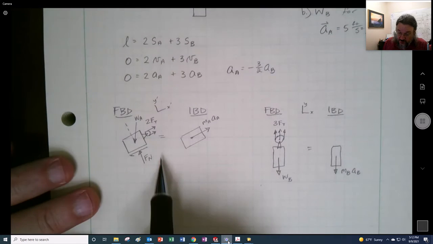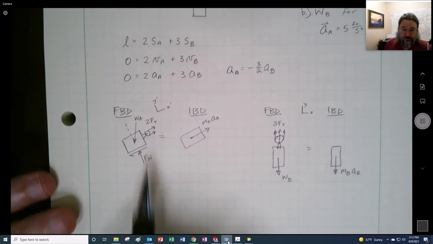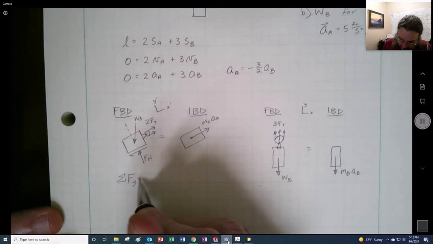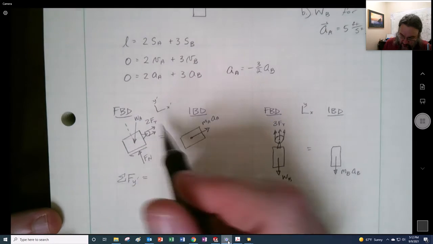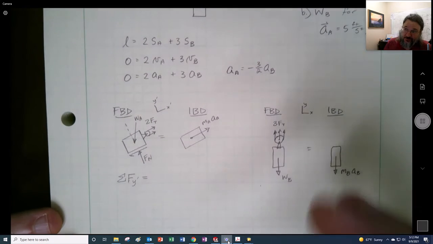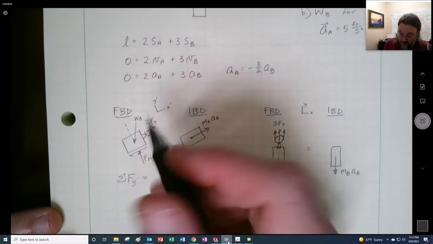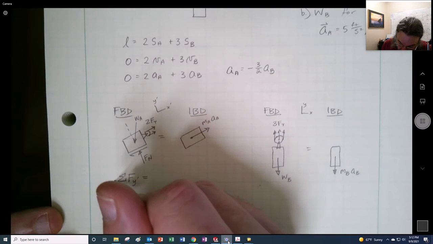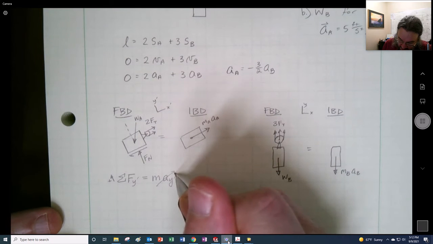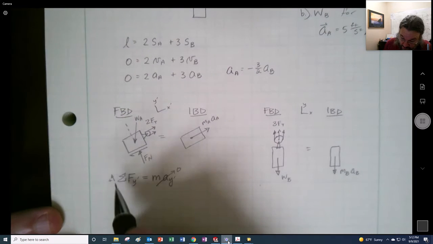So let's find out what the normal force of this is going to be. Thinking about it, we might be able to just use the same relationship for this part B of this problem, but I want to check on it. All right, so that's going to be the y prime direction, and I'll say the mass times the acceleration in the y prime direction, but we know that's going to be 0.